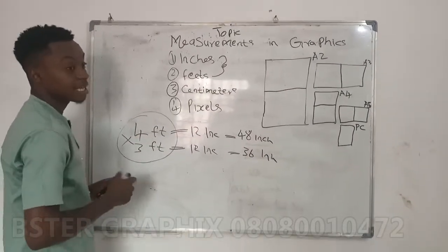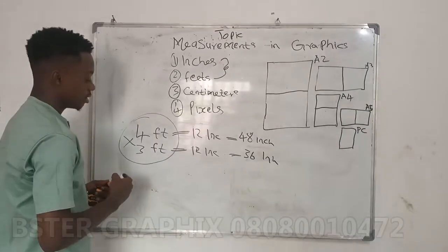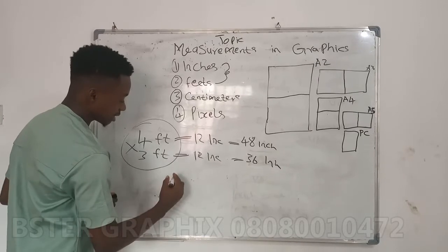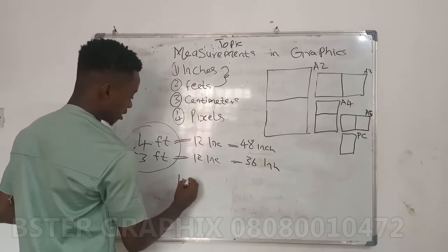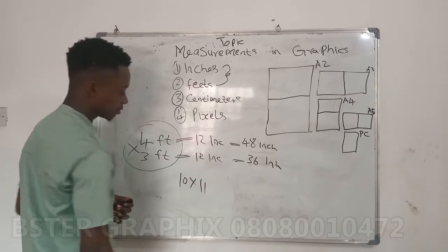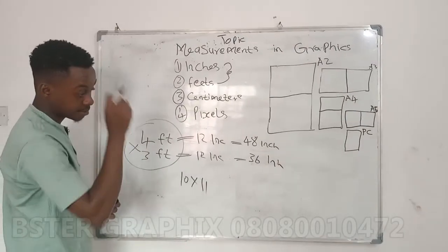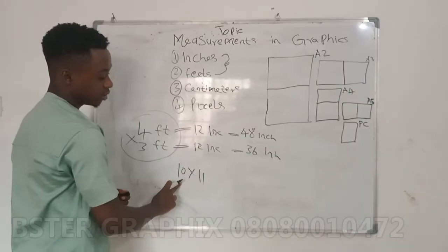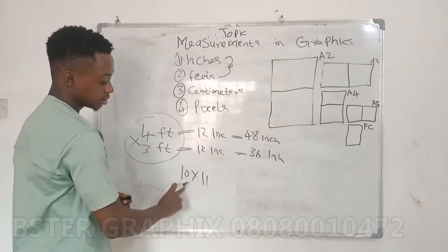For example, if the size of the banner is 10 by 11, what I will do is I'll just times 12 inches by 10, which will give me 120 inches.